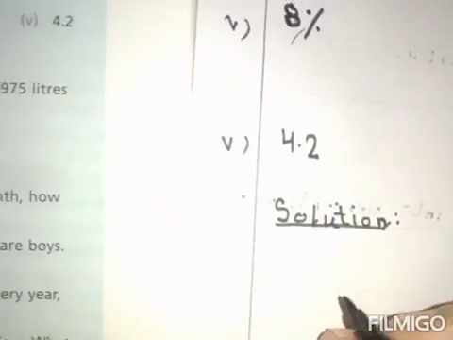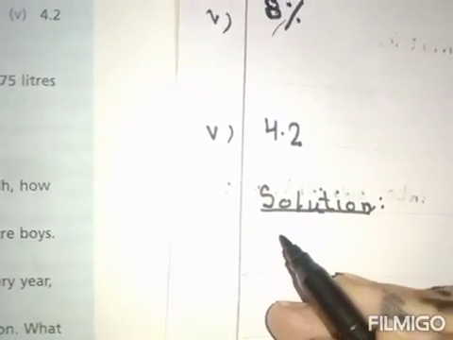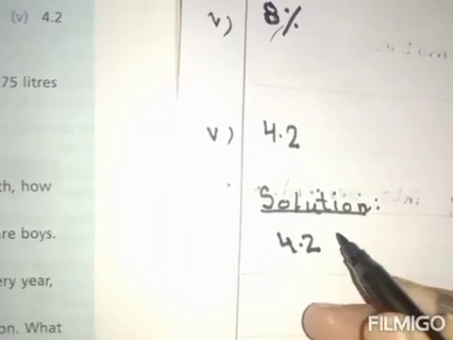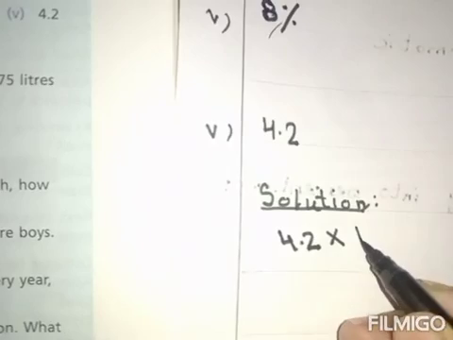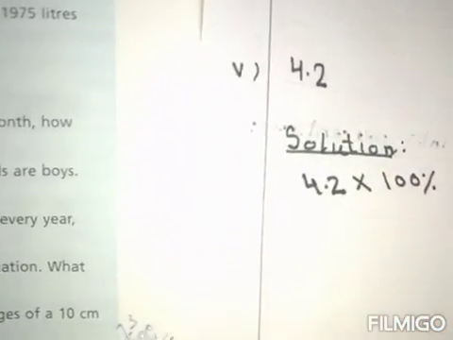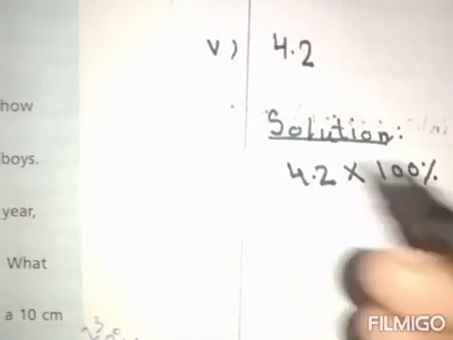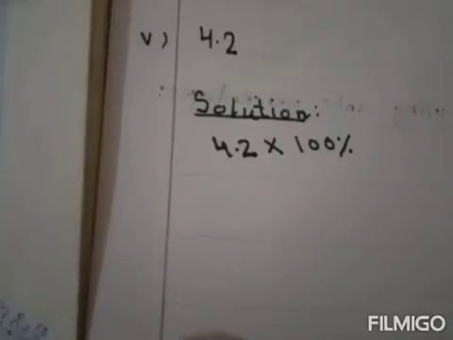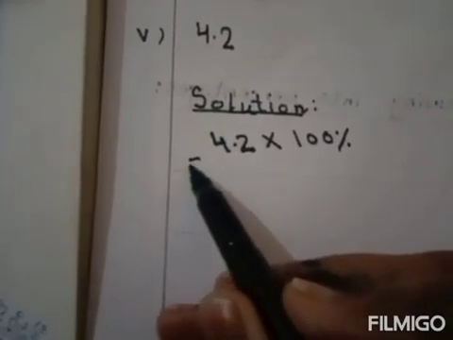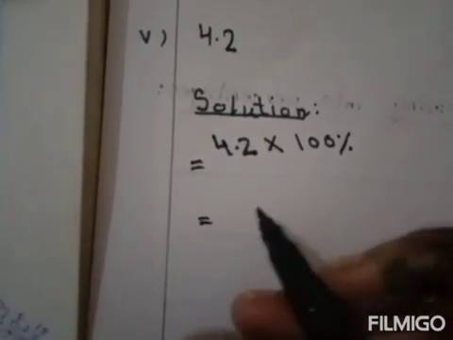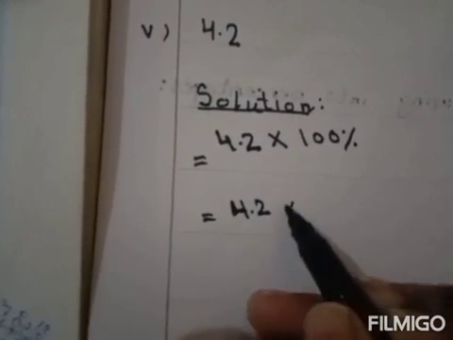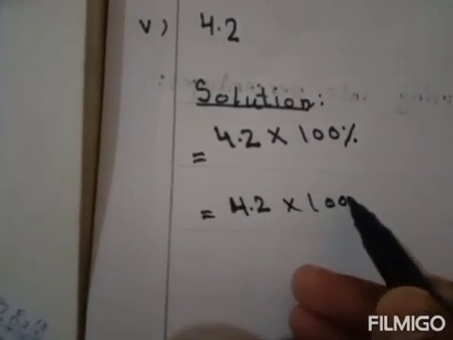Next is 4.2. We will write 4.2 multiply by 100%. Here, students, we can remove the point. In the next step, we can easily remove the point. 4.2 multiply by 100% as it is.